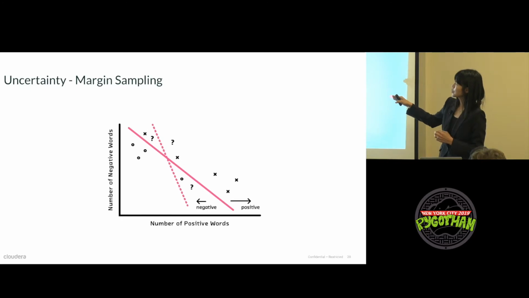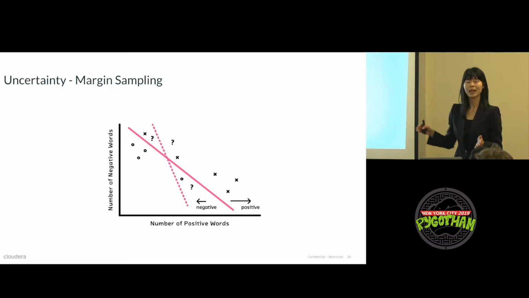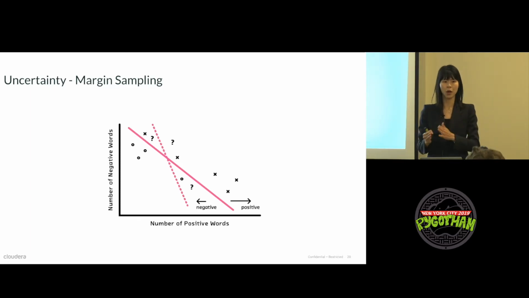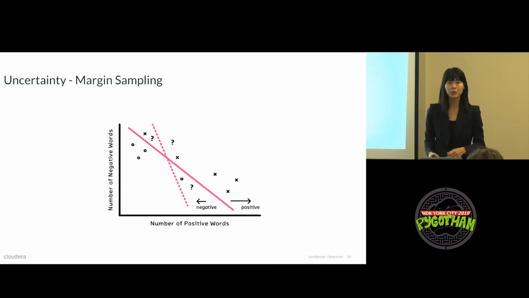So if I change the decision boundary from the solid pink to the dotted pink, those question marks will be classified differently under the two different models. Data points that are very far from the decision boundary are the ones that the model is very certain about, so they are safe from these changes.